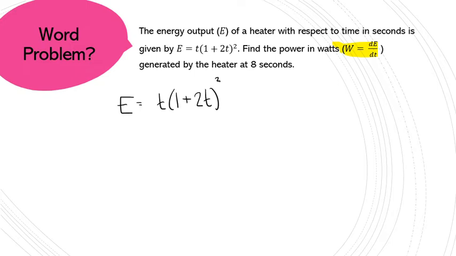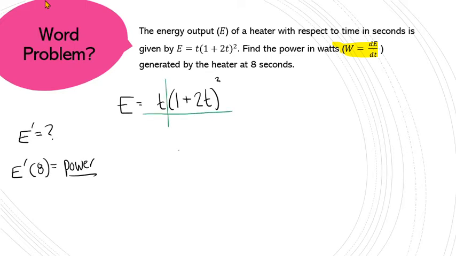Let's take a minute. We want to find E prime, and then we want to find what that value is at 8 seconds. Okay. We are looking at, hopefully, product rule after some chain ruling. So let's do what we can. If t is u, then the derivative of t is just 1. That's nice.